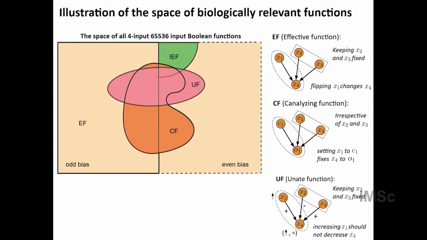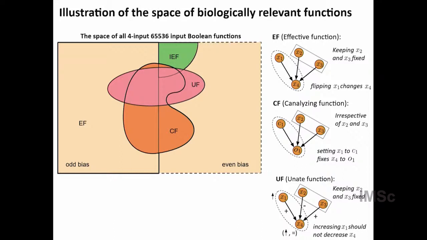The next class of function is the unate functions, which is also called the monotonic functions. So if one focuses on x1 and x4 here, x1 is an activatory function, in the sense that if you increase x1, you either increase x4 or you don't change x4.